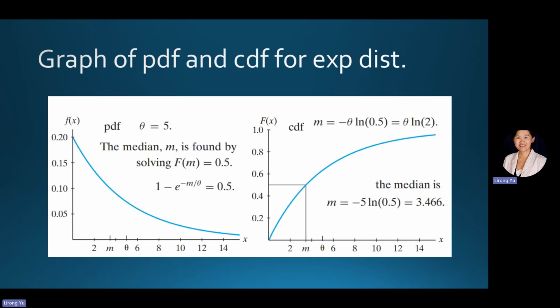They're both representing the middle, right? The mean is the average and the median is the middle. And you can see right here, the mean is 5, theta equals 5, and the median is 3.466. So we can see clearly that the mean, 5, is bigger than 3.466.